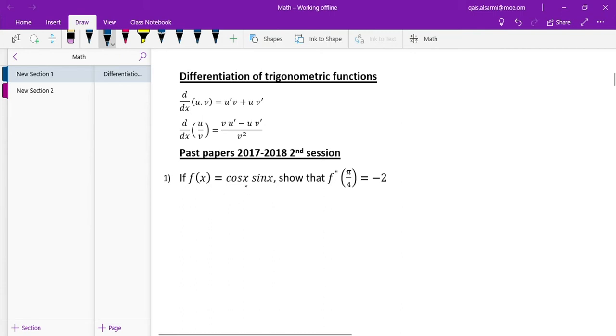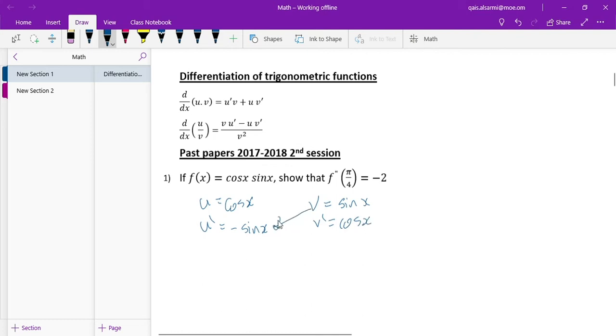Again, the first function is u, so u equals cosine x. Then differentiate it. Derivative of cosine is negative sine x. V, or the second function, is sine x. Derivative of sine is cosine x.